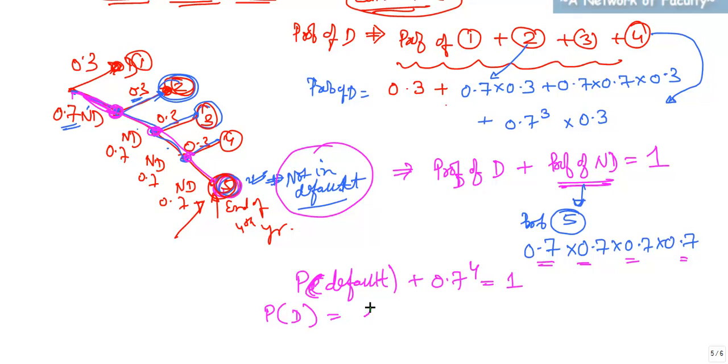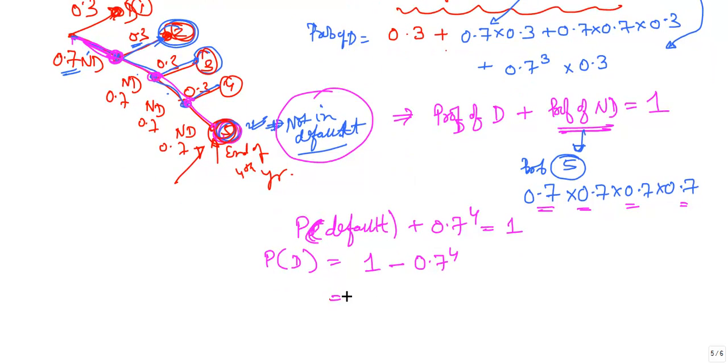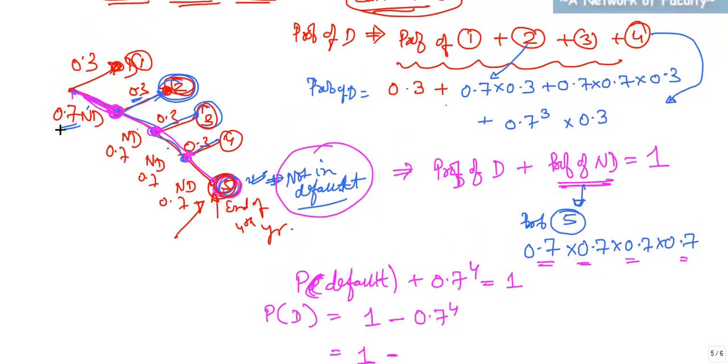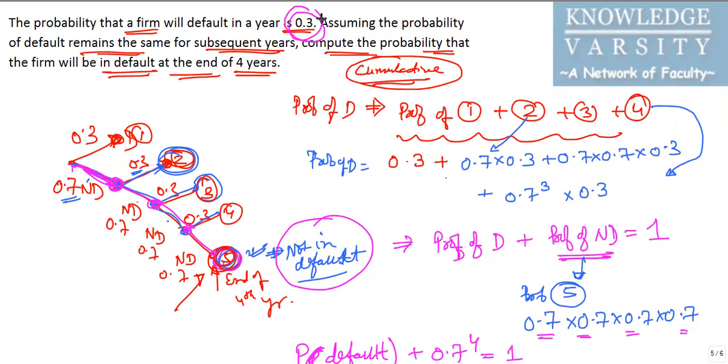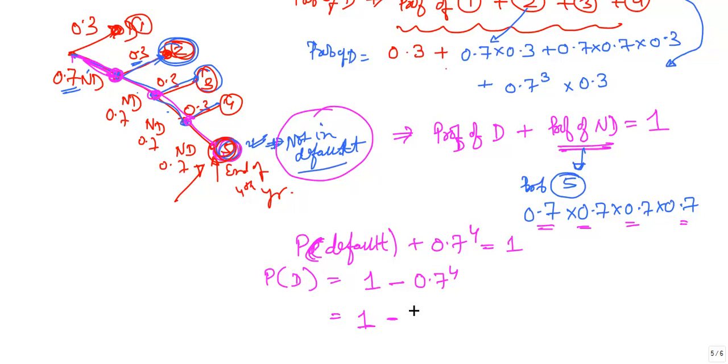So I can say that the probability of default is 1 minus 0.7 to the power 4. Another way to write the same is 1 minus 0.7, we have said that it is equal to 1 minus 0.3.